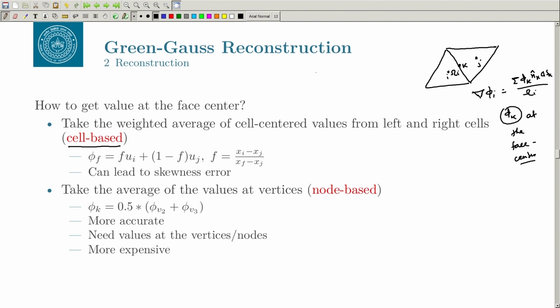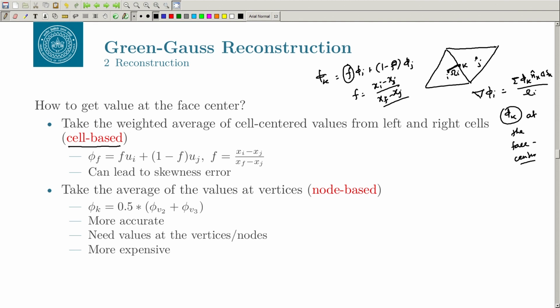So, you can just say that the value at k, phi k, will be some weighted average of the value at phi I and 1 minus f times phi j, right, where this f is nothing but your distance of x I minus x j by x f or x k minus x j. So, you calculate the factor here from this to this, and you use the value with respect to I and j.